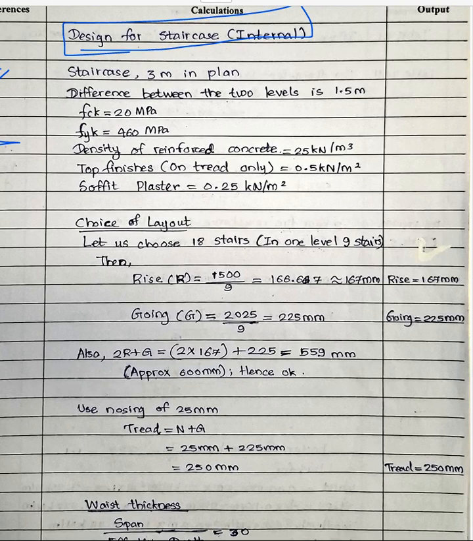For the top finishes on the tread only, I assume 0.5 kilonewton per meter square. Soffit plaster means in the waist there is a simple cement plaster, and that soffit plaster weight is 0.25 kilonewton per meter square.